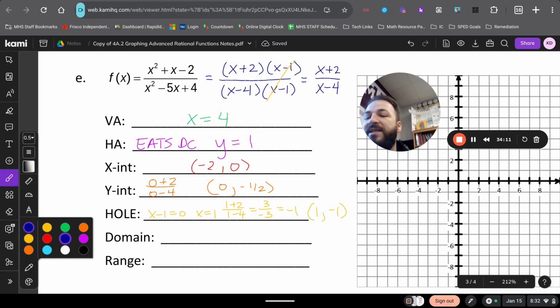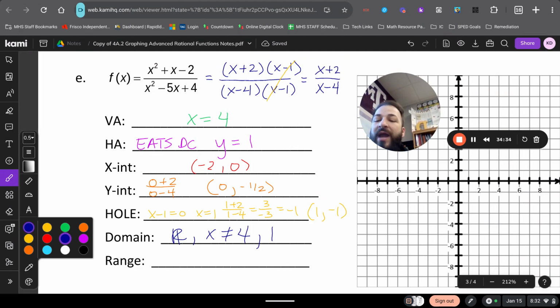And then last but not least, y'all, for our domain, we exclude any of those x values, so any vertical asymptotes, in this case 4, and any x values of a hole, which we haven't had before, but this time we do. So that 1.